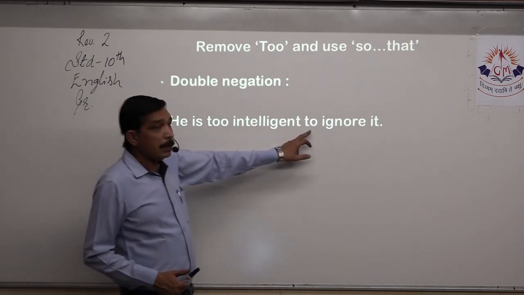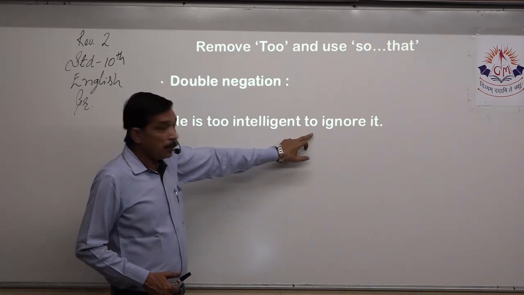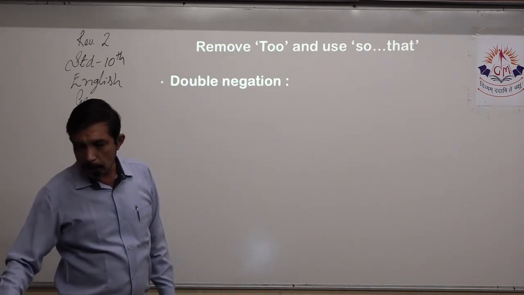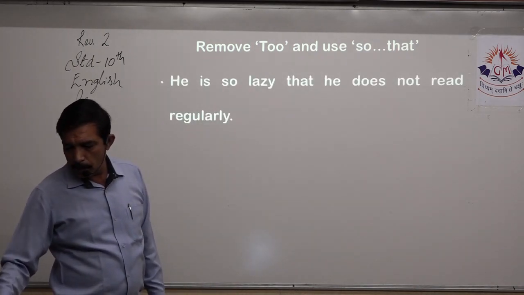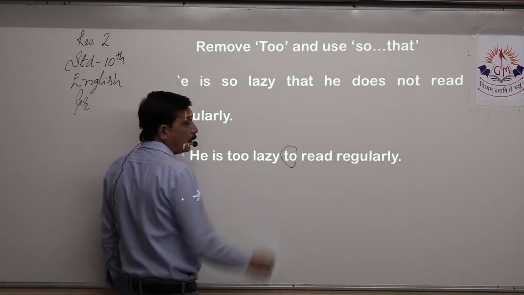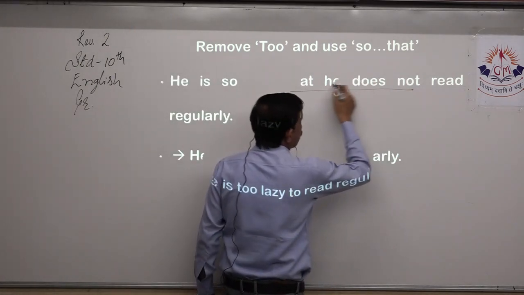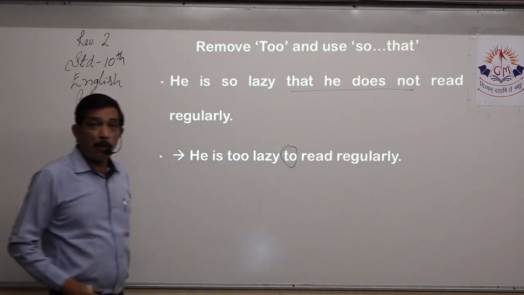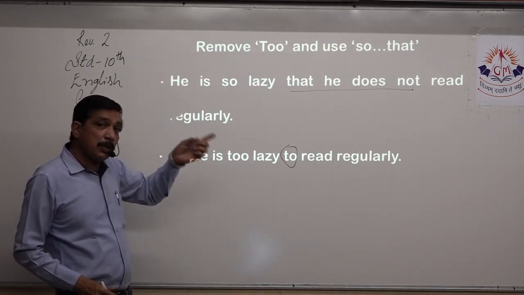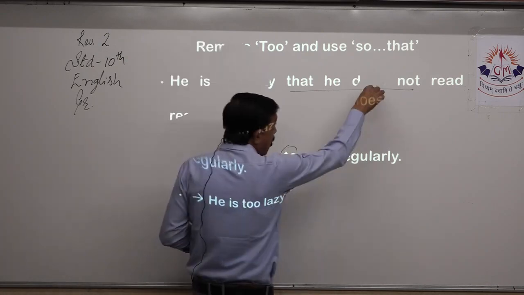Now, in the earlier sentence, we know what we did for to. Let us see what we did. We replaced to, right? In that, what did we remove? That he does not. Whole of this thing we removed. So when we are removing to from there, that means it has negation.